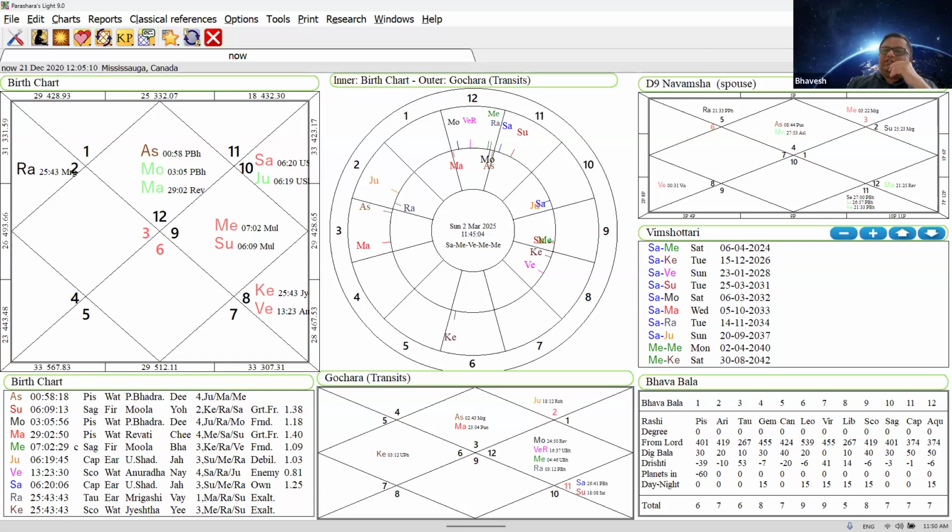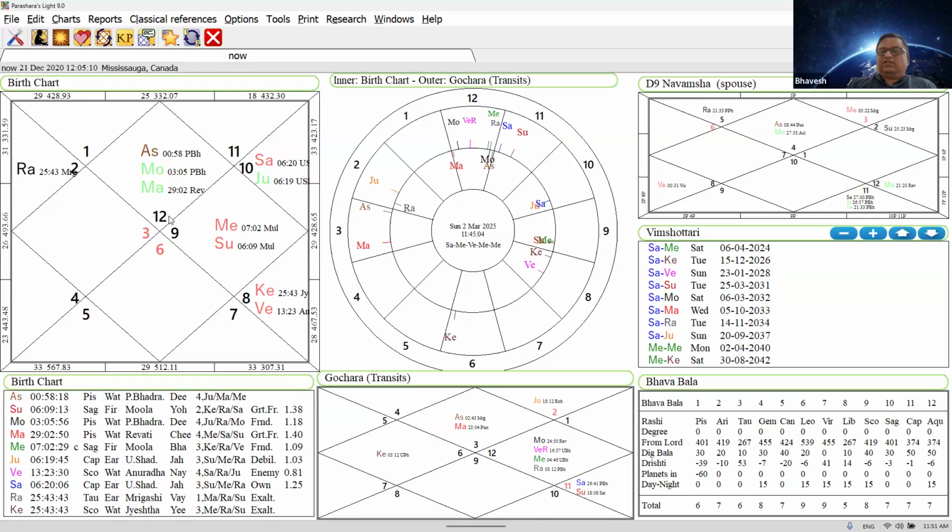Let me simplify what Kunal ji is trying to say: the 12th Rasi is your first bhava. You can consider the first bhava as your experience of yourself, your body, your mind, your whole personality, and it is part of Rasi 12.